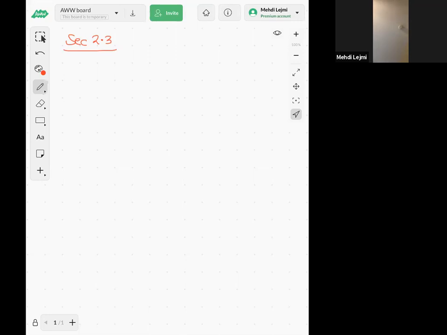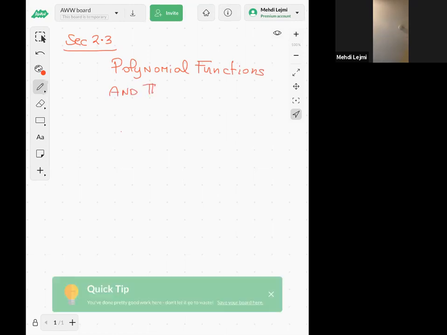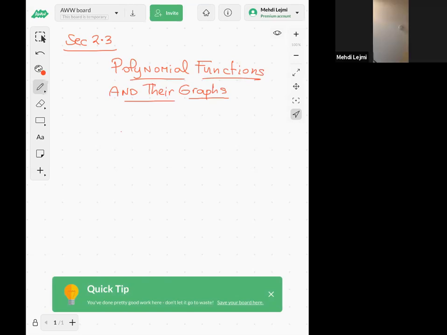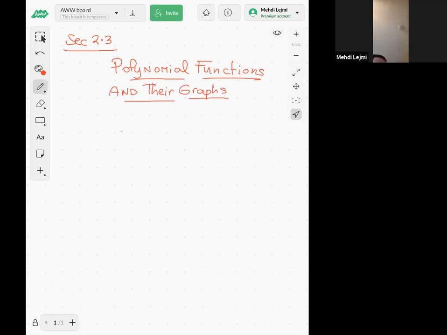So this is about polynomial functions and their graphs. Let me first start with the definition of a polynomial.